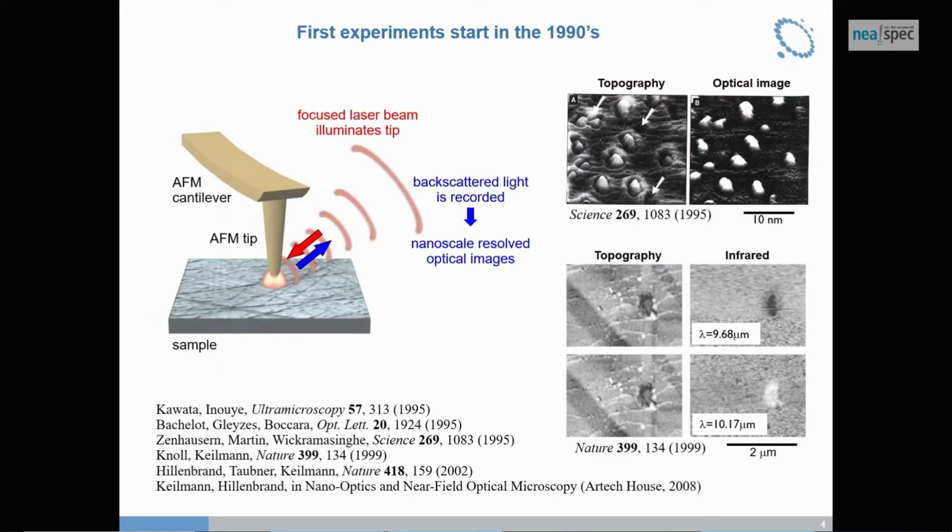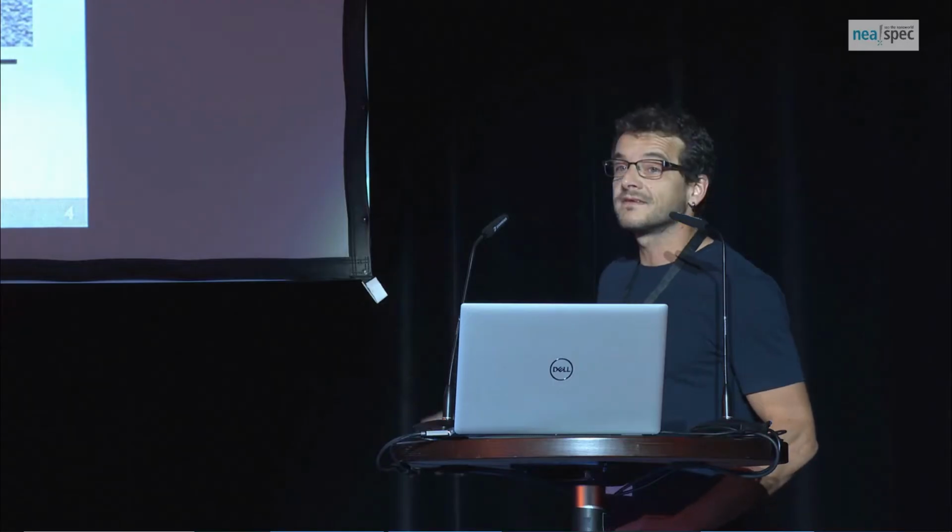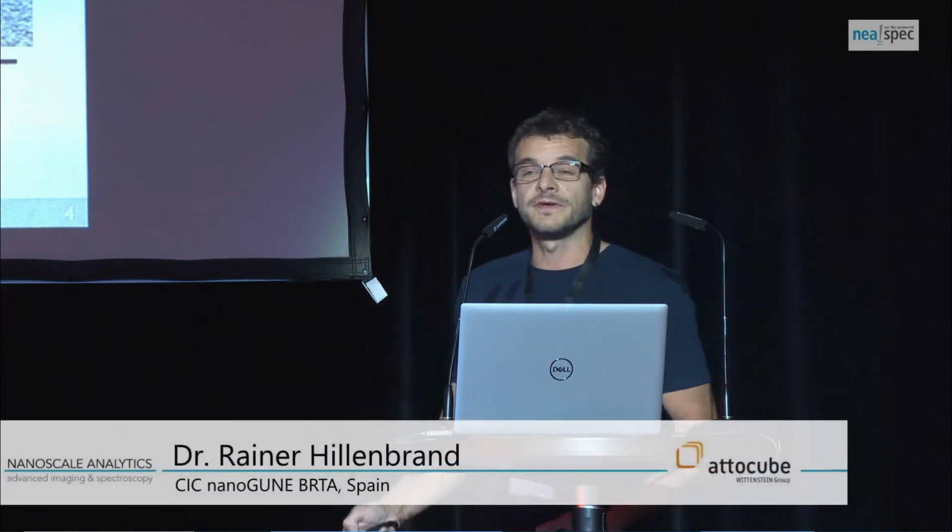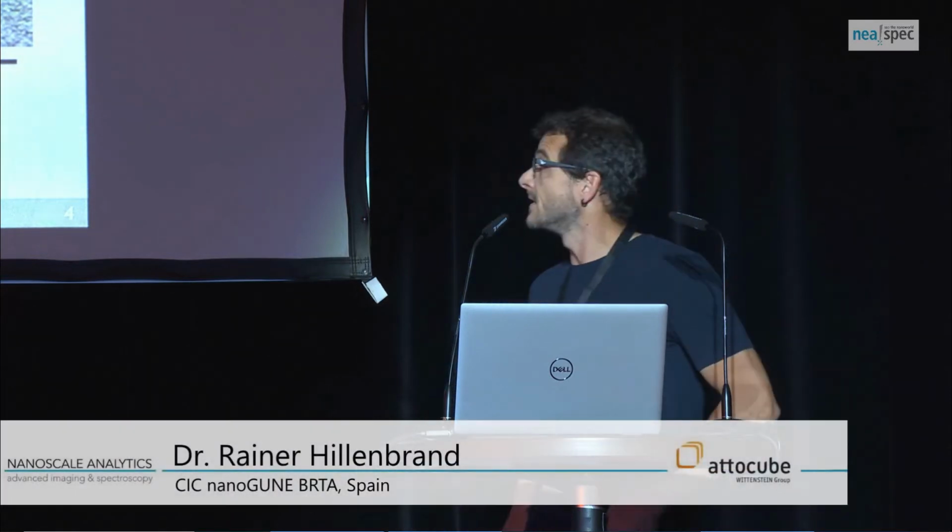All right, so let me start at the very beginning, as I'm the first speaker. So the technique that we use goes back actually to the early 90s by Wickramasinghe, Bachelot, and Kawata. They introduced nanoscale light imaging by using an AFM tip, shining light on the tip, and then collecting the backscattered light. And then by recording this light simultaneously to topography, we get nanoscale-resolved images.